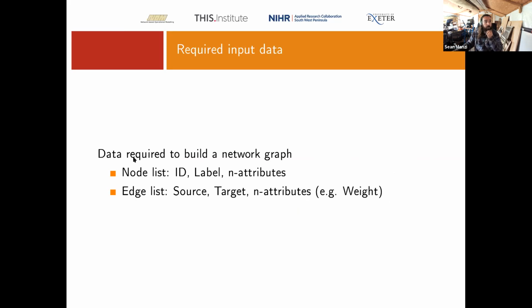So we build up two lists of data. First, we have to create what's called a node list. This is a list of all of our individual nodes, all our individual entities, whatever they might be. They could be people, they could be healthcare services, they could be airports.